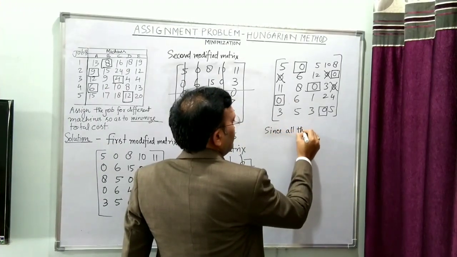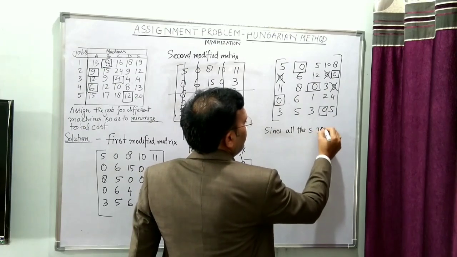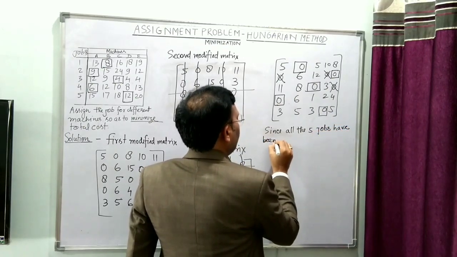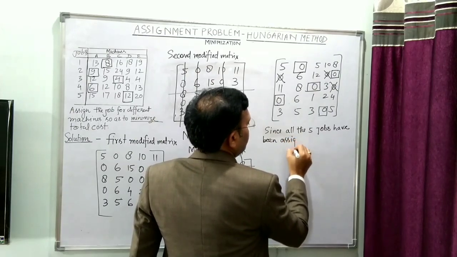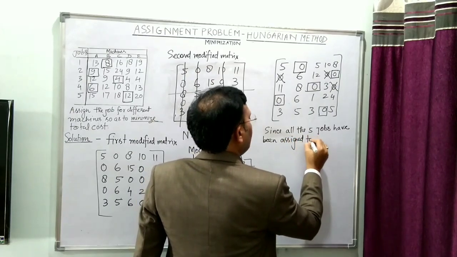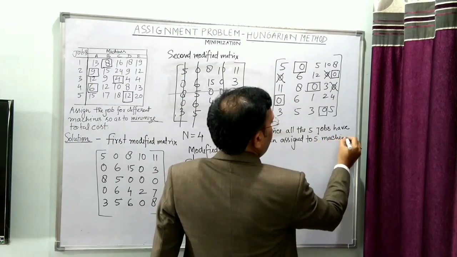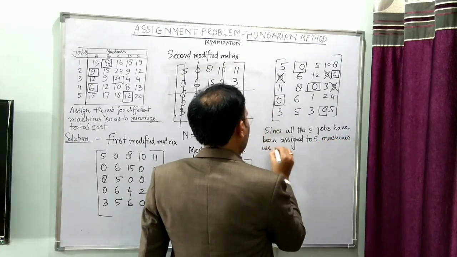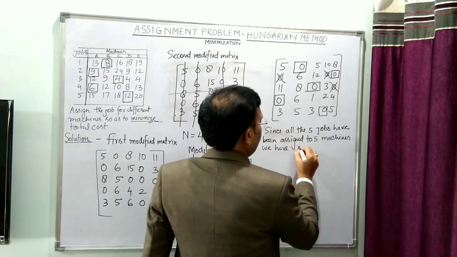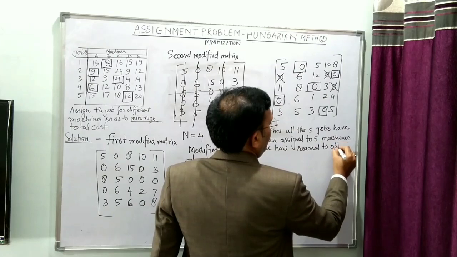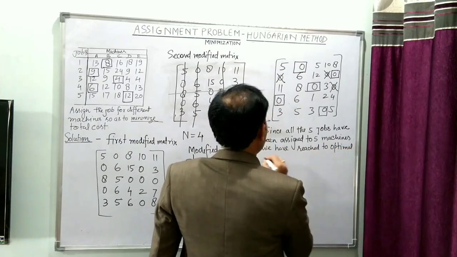All the 5 jobs have been assigned to 5 machines. We have reached the optimal solution.